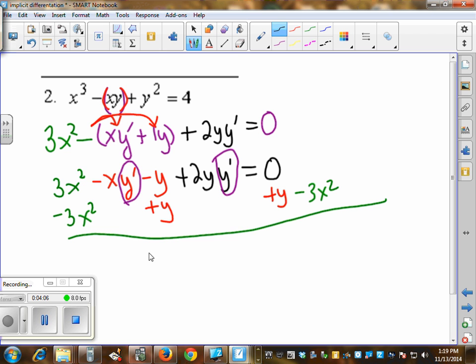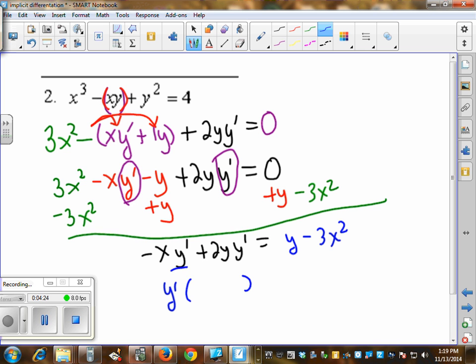That's going to leave us with negative xy' plus 2y' equal to all of this stuff. These have a y' in common. And factoring that out, that leaves us with negative x plus 2y equals all the stuff on that side.